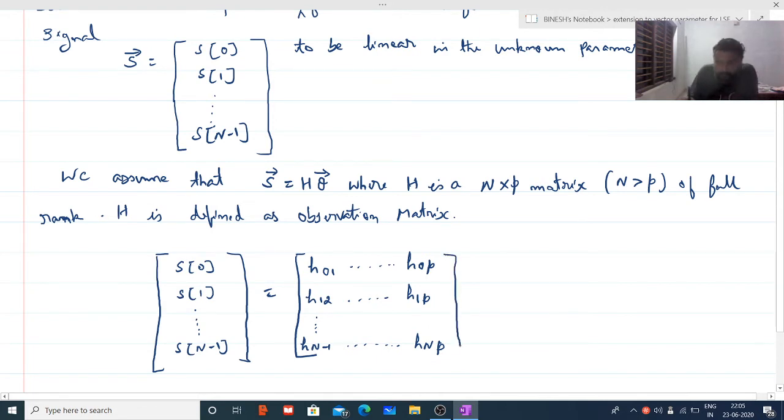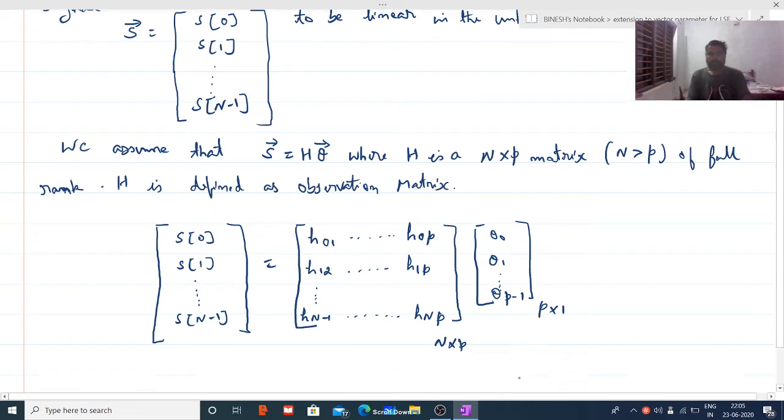So this is an N cross p matrix. I take theta as theta 0, theta 1, up to theta p minus 1, which is a p cross 1 matrix.